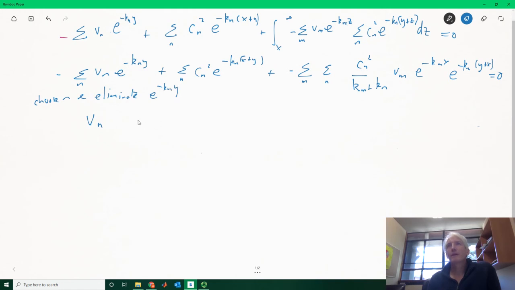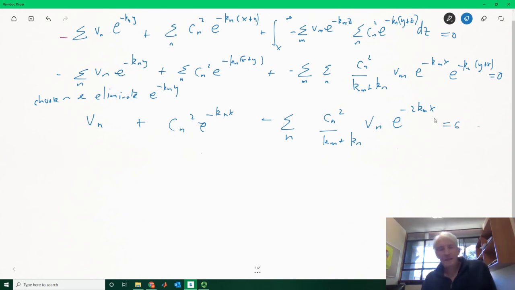We get b_n plus c_n squared e to the minus k_n x, minus the sum over m of c_n squared over (k_m plus k_n) times b_m e to the minus (k_m plus k_n) x, equals 0.